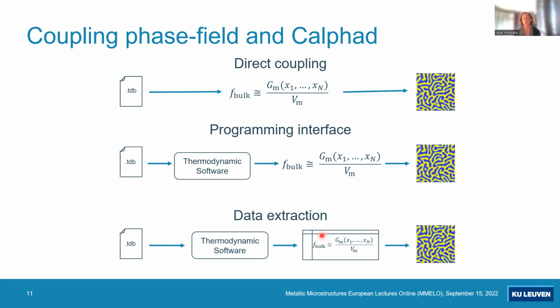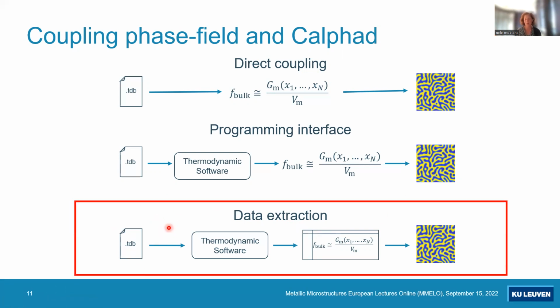And then when you run the simulation, you look up and you search for the data point that you need. And so I think this is the most general approach, because it can apply to the phases that are modeled with a sublattice model. You can also apply it when the database is encrypted. So this is generally applicable, but there are some problems with it.